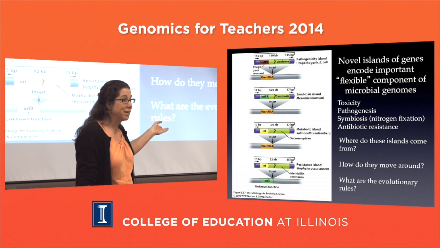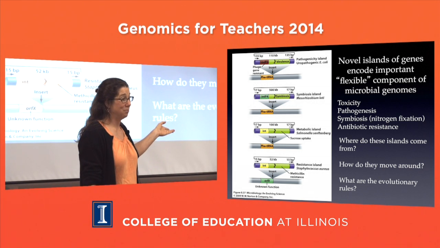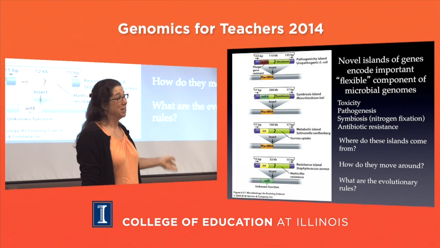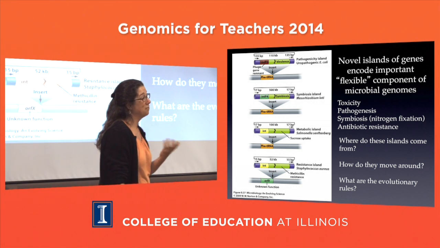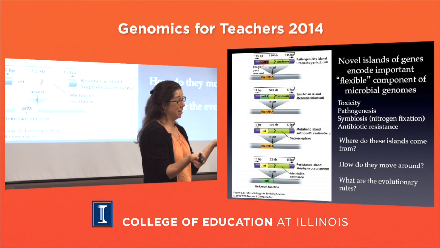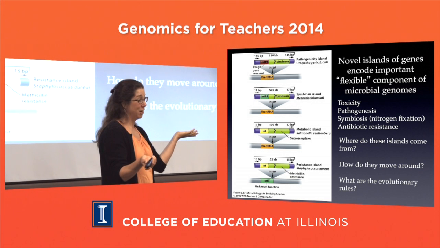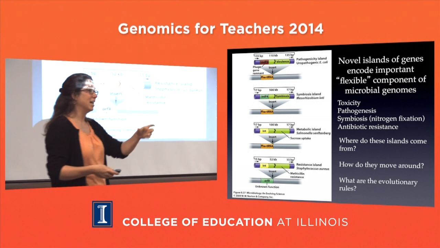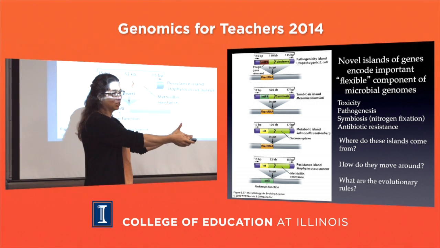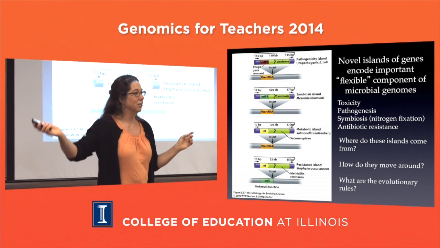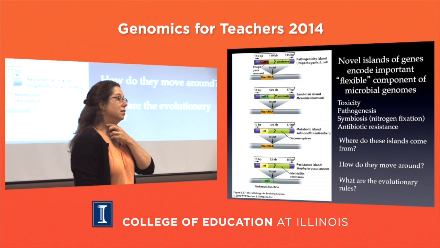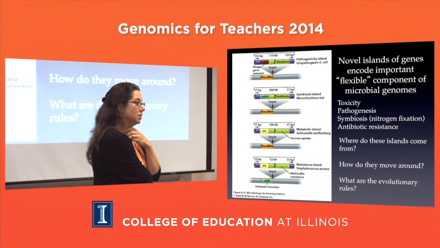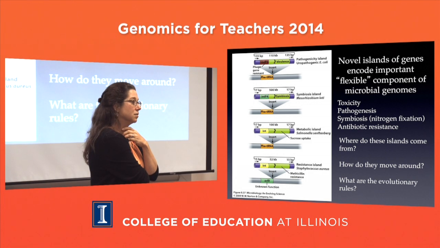Now, comparing to the lab strain is a problem, for the same reason that looking at a pathogen or an obligate symbiont is a problem. It's been living in the lab, living off of us for a long time, so it's offloaded a lot of what it has. But that one island that caused pathogenicity in E. coli was something only that strain had, and now they've found it in other strains as well. You hear of the O157 outbreaks a lot now, actually.